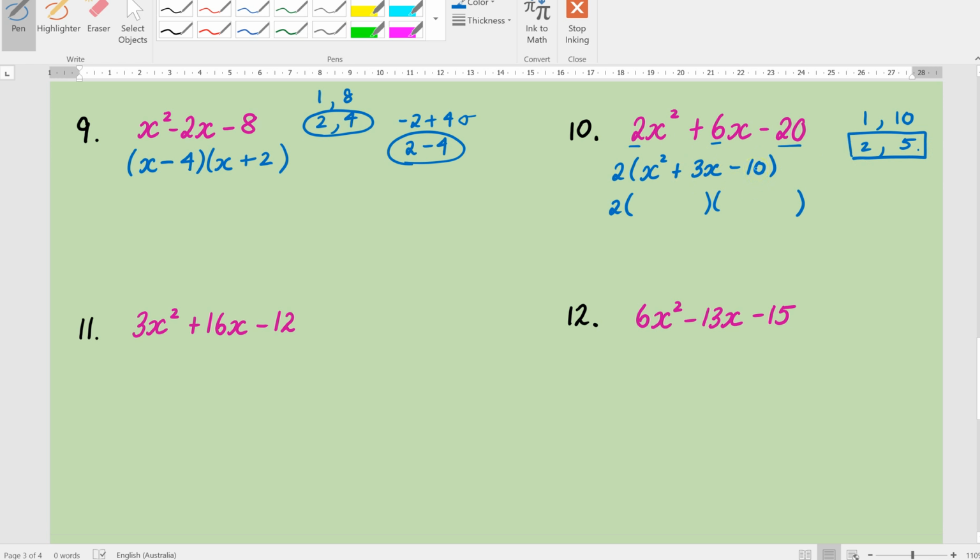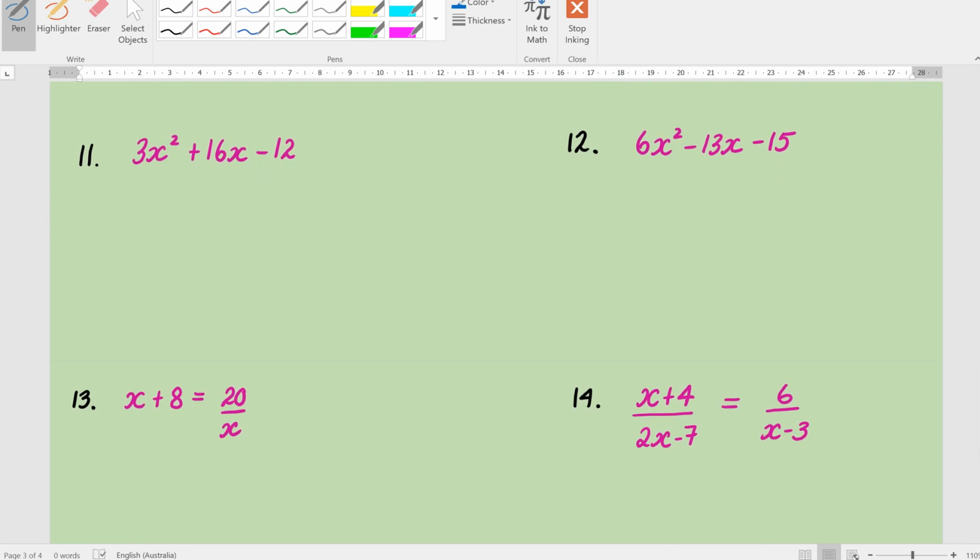One has to be positive and one has to be negative. So again, do the check. Is it minus 2 plus 5, or is it 5 take 2? Oh, that's the same thing. What am I doing? Silly. So that is it 2 take 5. This one gives me minus 2 plus 3 is 3. 2 take is minus 3. So once again, it's got to be this. So we'll go x take 2, x plus 5. Done.